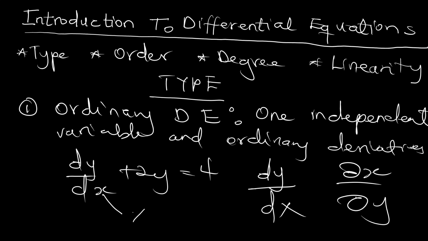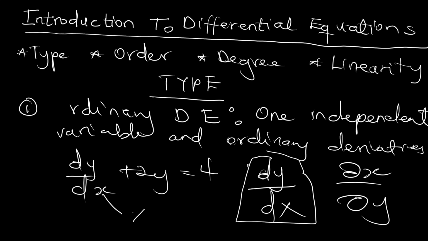So in ordinary differential equations, you are going to encounter only the ordinary derivatives, the d, not the del, and we also have only one independent variable. So this is an ordinary differential equation.